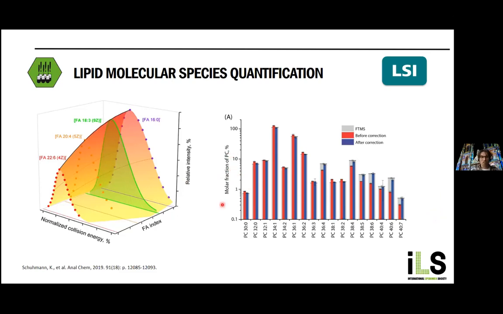Doing quantification in MS2, especially if you use the acyl fragments, could be quite difficult, so it probably needs good models to address that type of response differences.